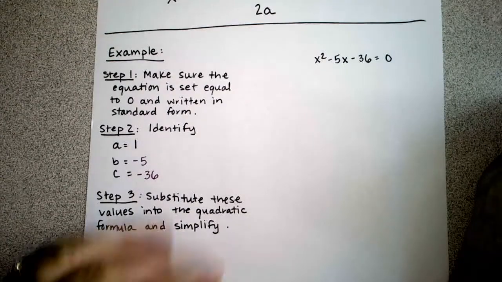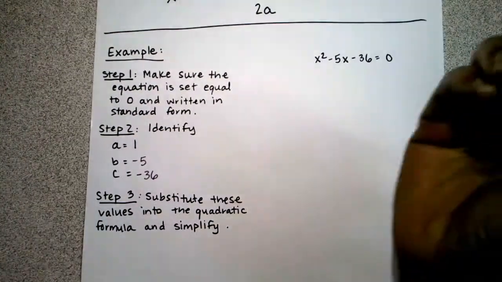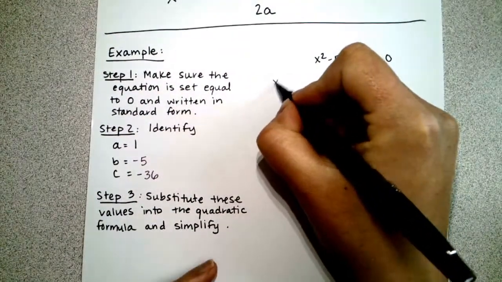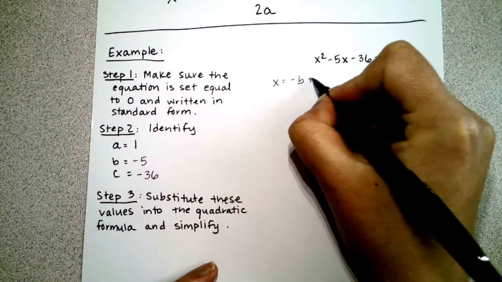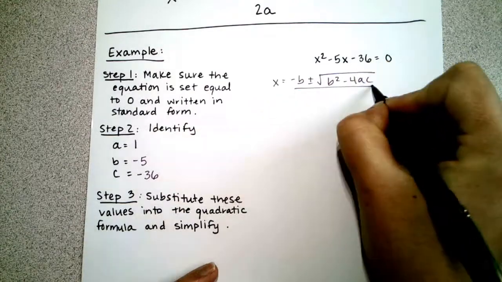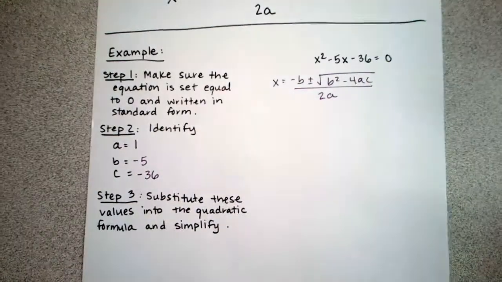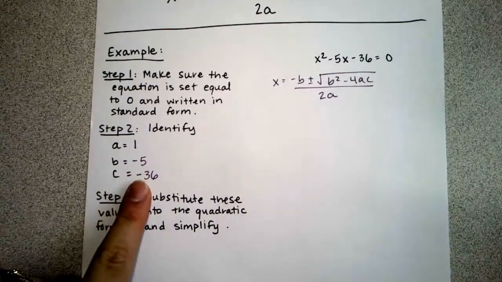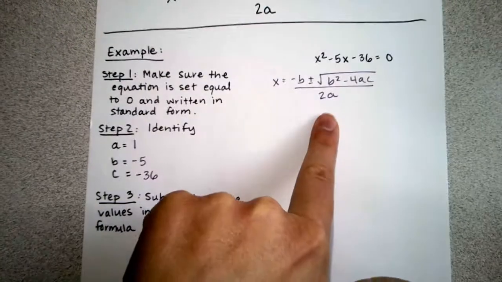Step 3, we substitute these values into the quadratic formula and simplify. So for this first problem, I'm going to rewrite the quadratic formula before substituting. x is equal to negative b plus or minus the square root of b squared minus 4ac all over 2a. Now we substitute these a, b, and c values back into the formula.